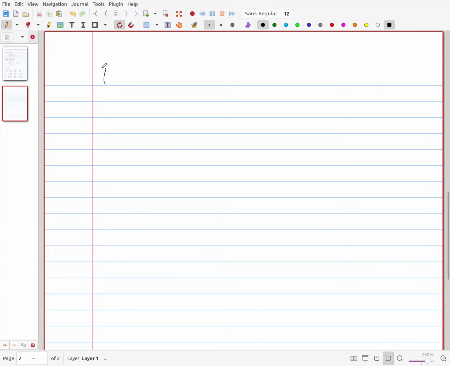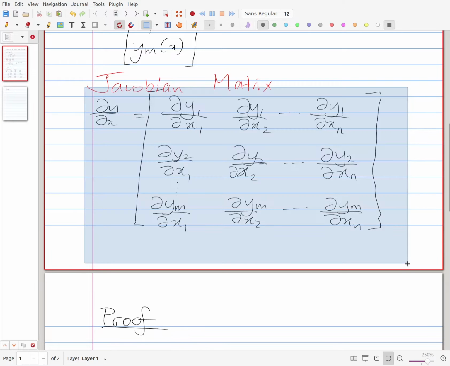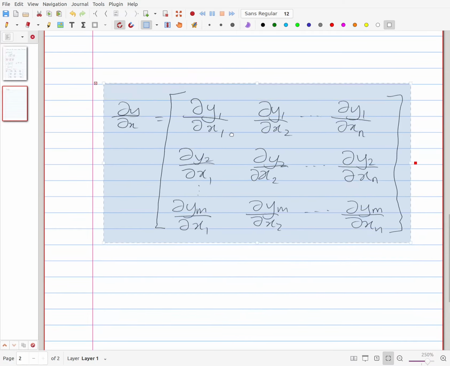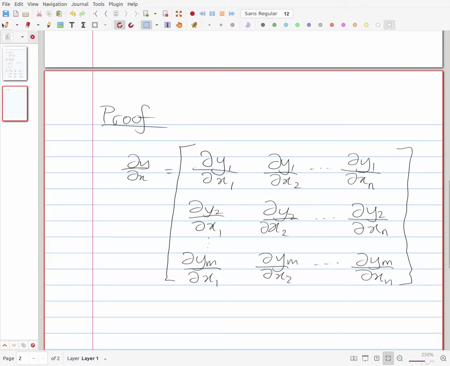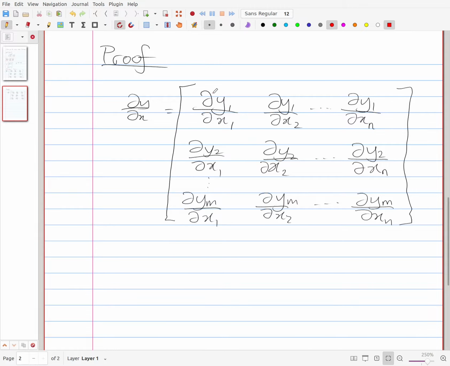Okay, so let's have a look at the proof of the chain rule. First of all, let me just copy over the definition of the Jacobian. Now what I'm going to do is analyze one of the entries in this matrix, say the first one here.